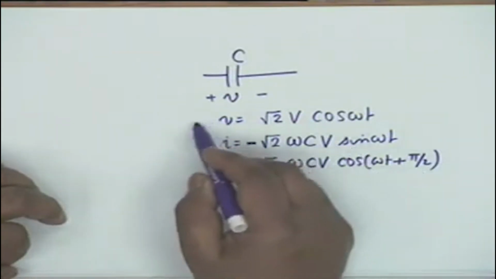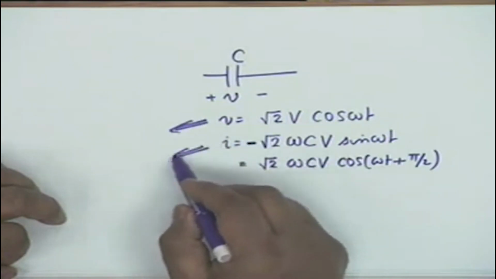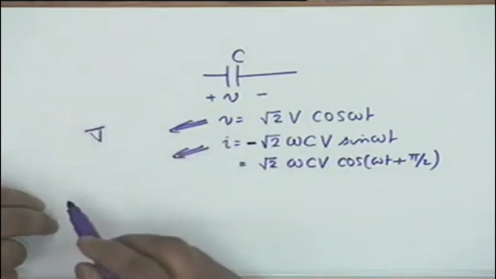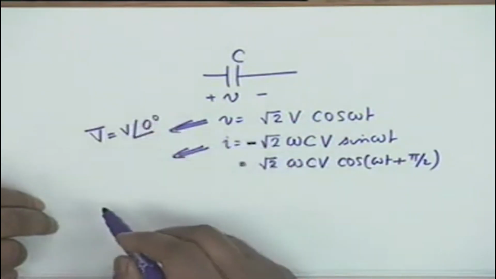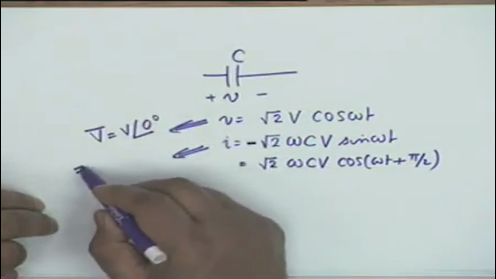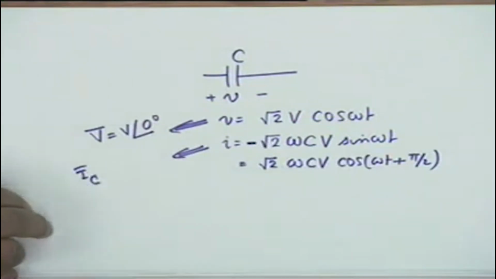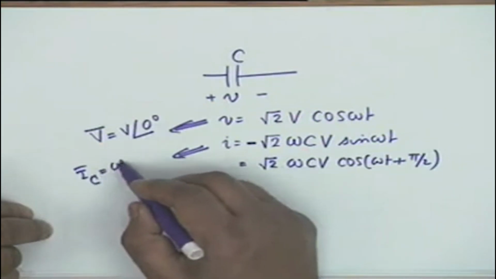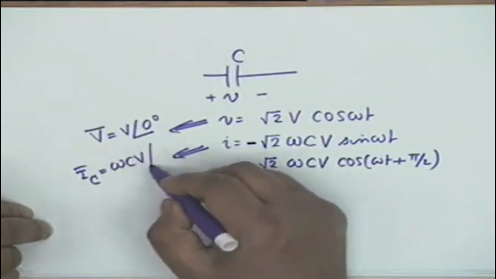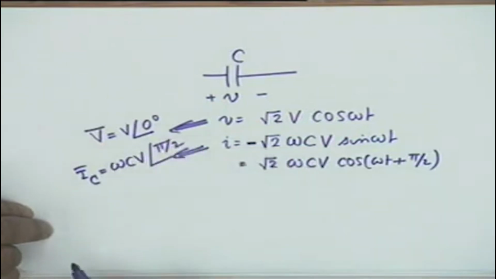And therefore, if the corresponding phasor quantities are denoted by V, then the V phasor is simply V angle 0 degrees, and the I phasor, I sub C, the current in the capacitor, is simply omega C V angle pi by 2.